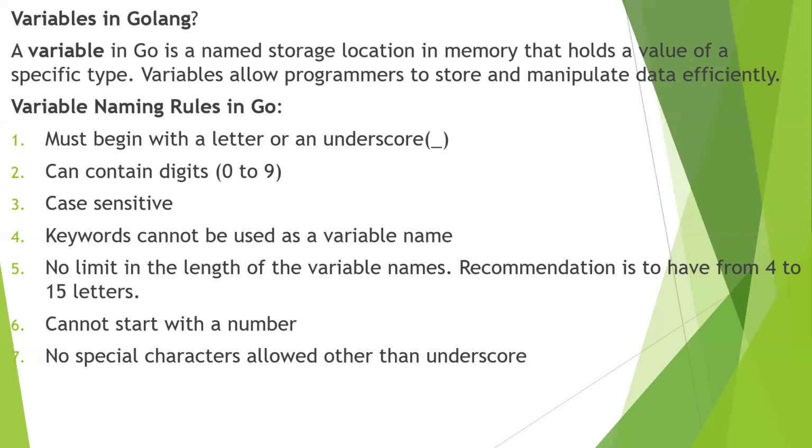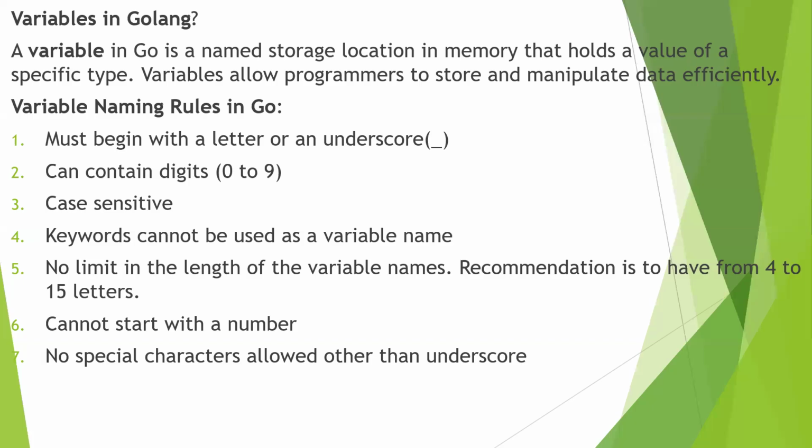The other important thing here is that the variable name should begin only with a letter but not with a number. A variable can contain numbers as part of the name, but it should start only with an alphabet. It should not start with a number. And no special characters are allowed apart from the underscore.